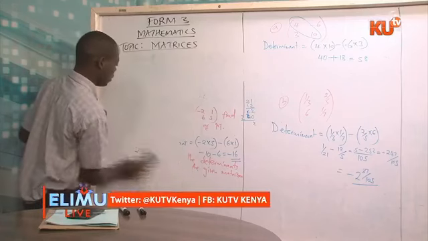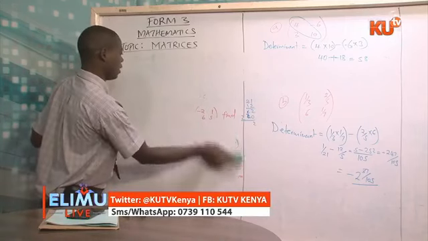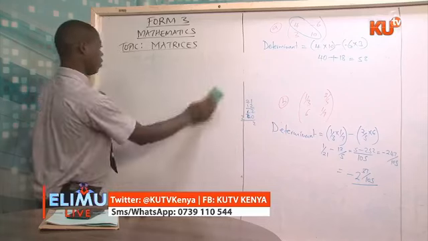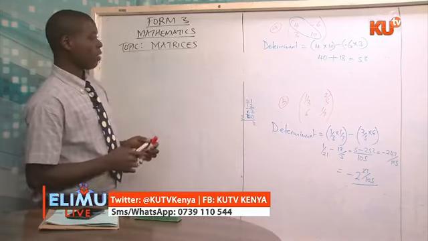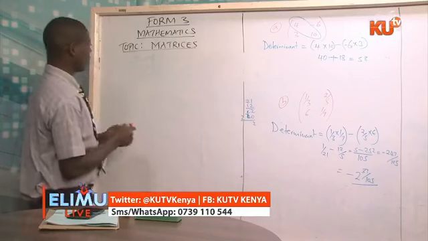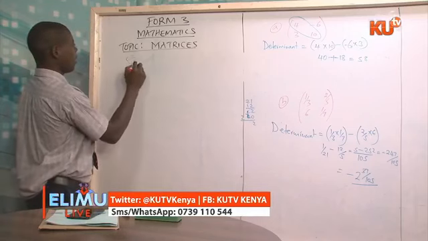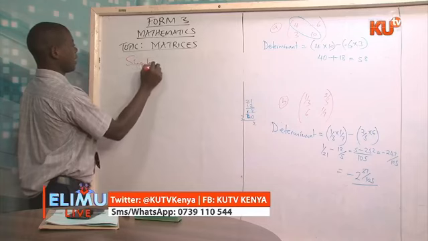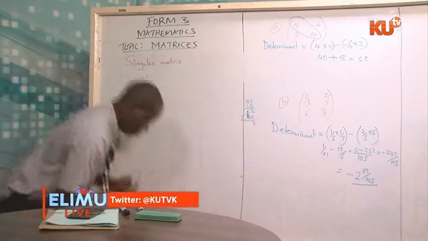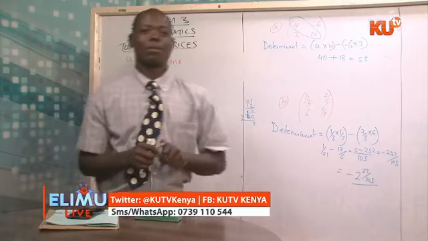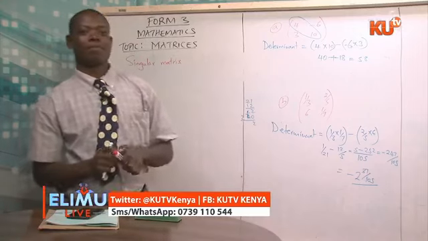That is what students need to understand in the case for the determinant of a 2 by 2 matrix. But to make an extension to that, students need to understand there is something we call a singular matrix. So what is a singular matrix?